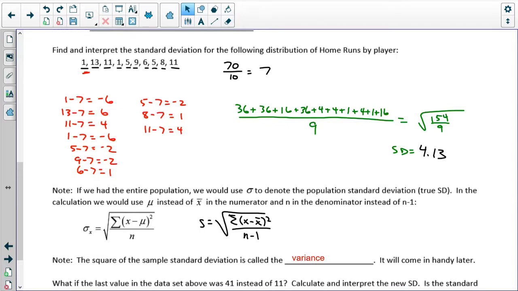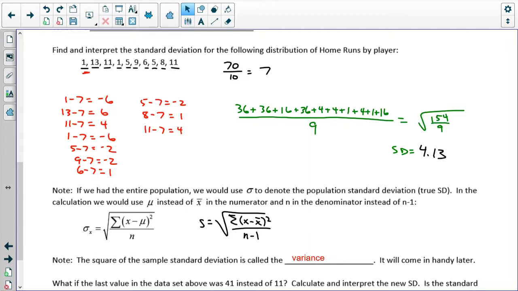So while 7 is the mean, we could expect normal players to have either 11 or 3 home runs, so to speak. So this is telling us that the variation in number of home runs is pretty significant. A lot of people are not going to be around 7. There are going to be some that are around 7, but there are going to be some highs and lows. And that's what the standard deviation is telling us.